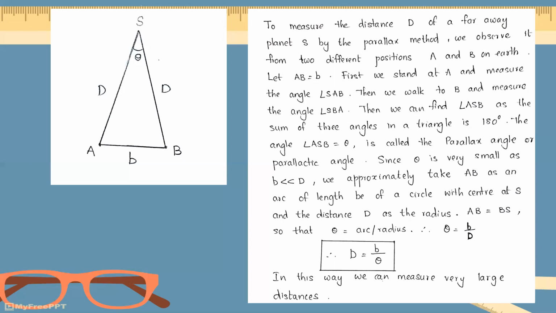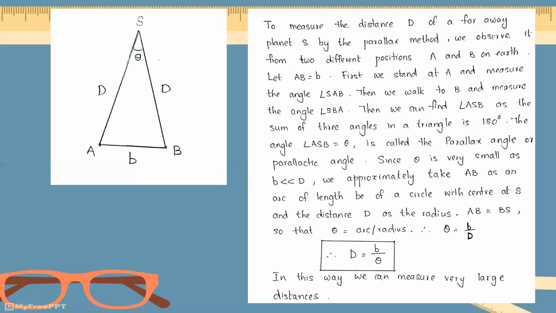In simple words, first we stand at A and look at the planet S and measure the angle SAB. Again we walk to the point B. From B again we look at the planet and measure the angle SBA.